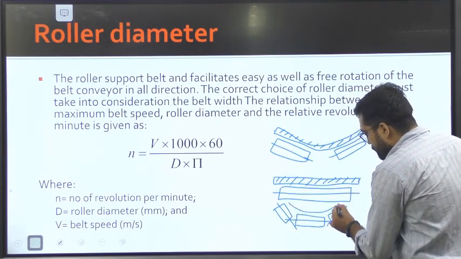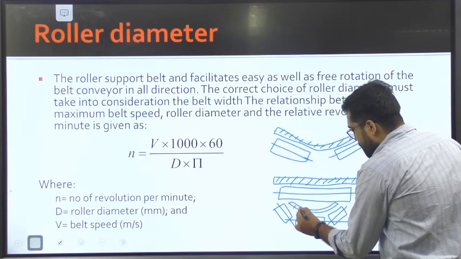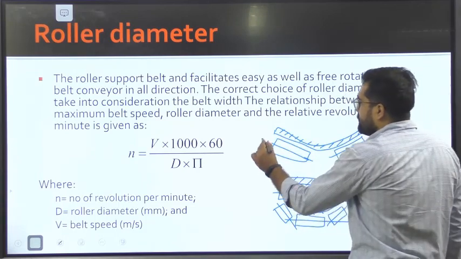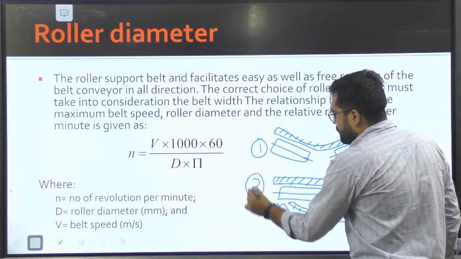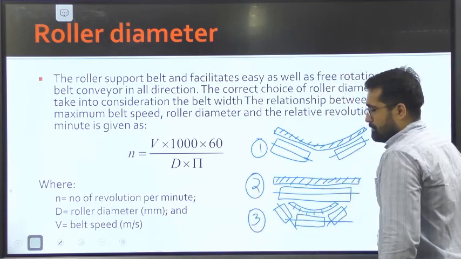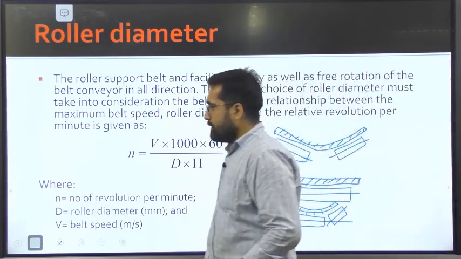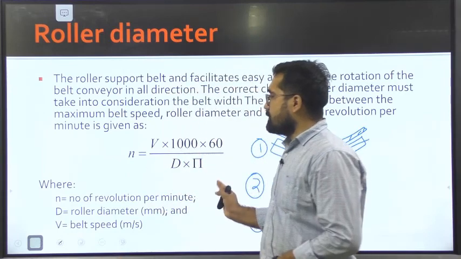Then the belt will look like this. So these are the 3 types of rollers we can generally find. Okay, so how to design these rollers?